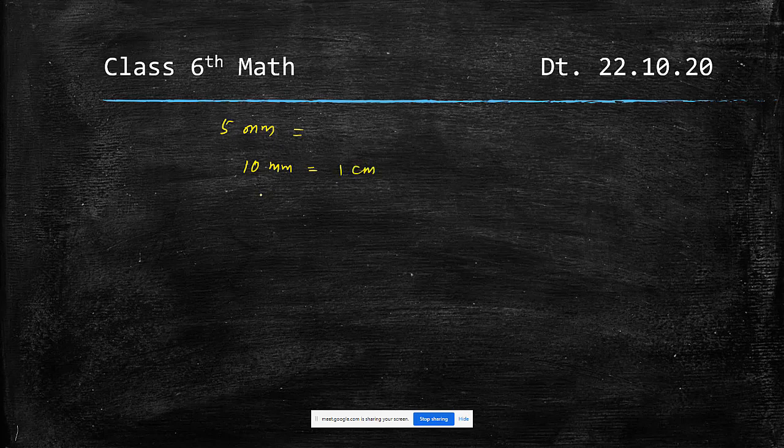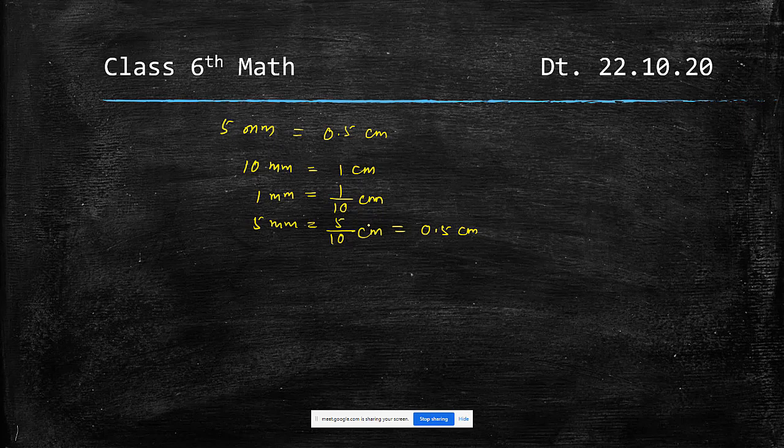Okay. So 1 millimeter equals 1 by 10 centimeter. So 5 millimeter equals 5 by 10 centimeter, means 0.5 centimeter. So 5 millimeter can be written in decimal as 0.5 centimeter.